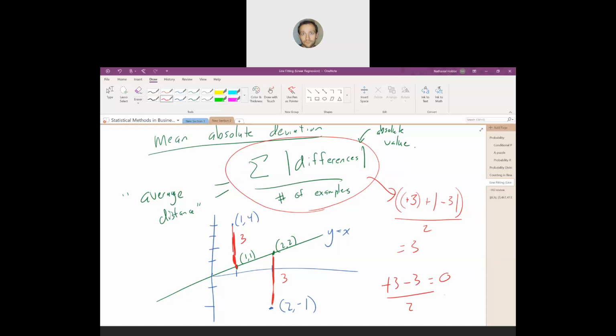But that doesn't make a good line, because now the line is still far away from points. Without the absolute value, you get this, which is wrong. Does that make sense so far?